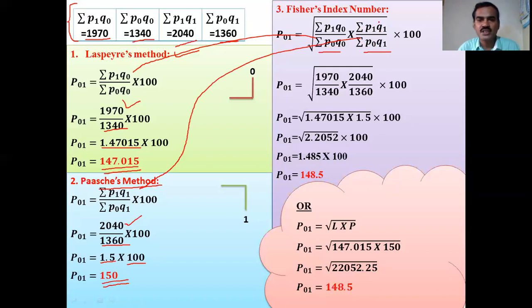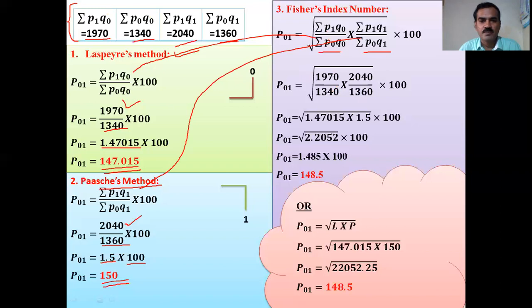Therefore Fisher's index number P01 equals the square root of sigma P1 Q0 divided by sigma P0 Q0 into sigma P1 Q1 divided by sigma P0 Q1, into 100. Now substitute the values that are there in the table in this equation.